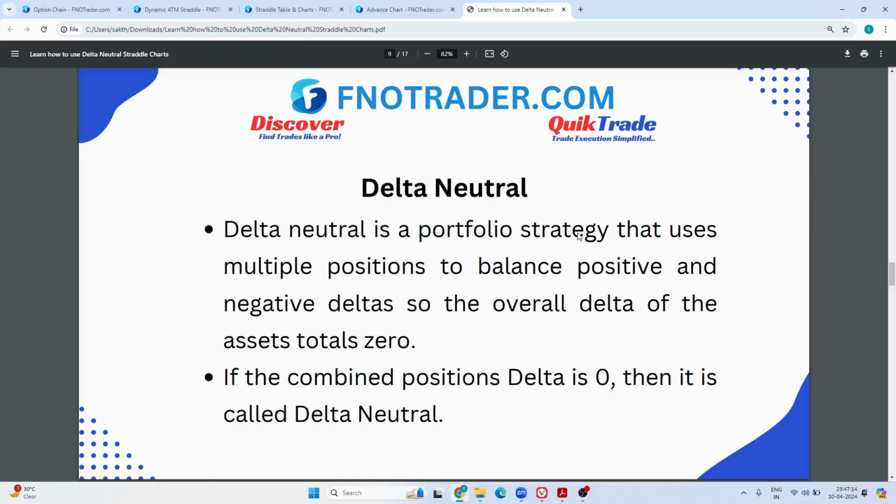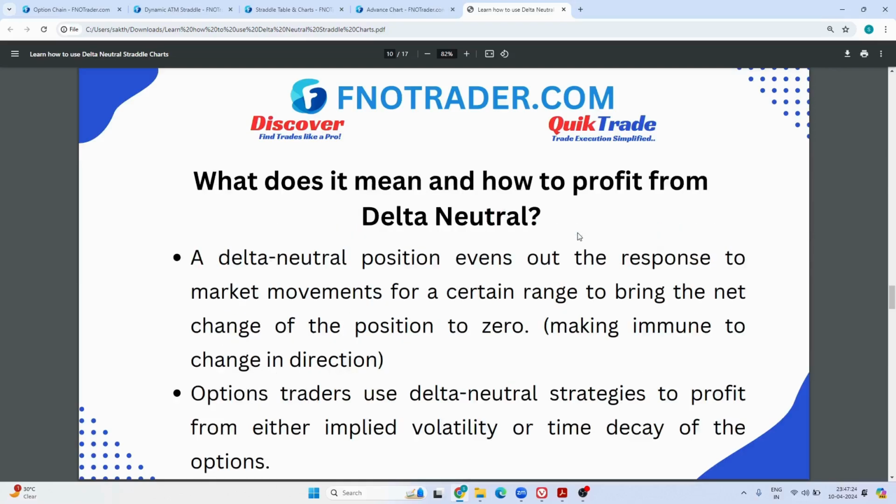What does it mean? Your position will be insensitive to directional changes up to a certain price point. We will see what it means and how to profit from delta neutral. A delta neutral position evens out the response to market movements for a certain range, bringing the net change of the position to 0.